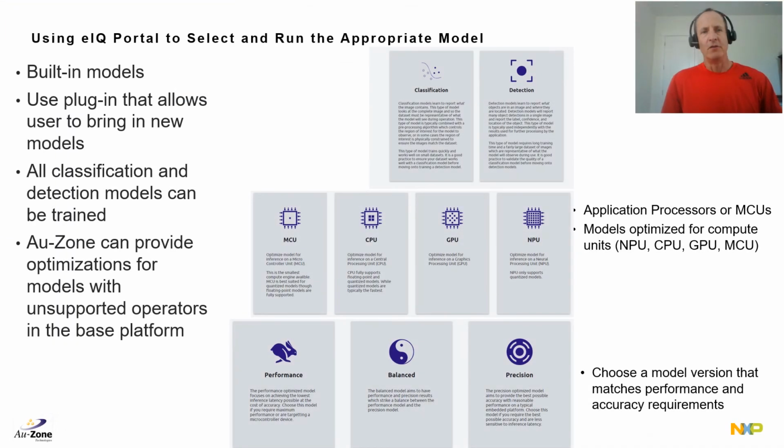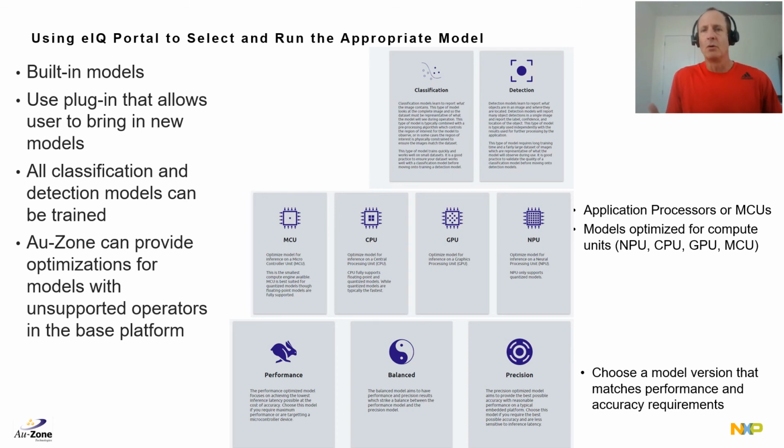If you've been trained on the eIQ Portal, you're probably already familiar with this detailed development workflow, where you can start off by choosing whether you want to do a classification or detection model, then moving on to selecting the target, which would be MCU, GPU, CPU, or MPU. You could also choose whether you want a performance or accuracy optimized model.